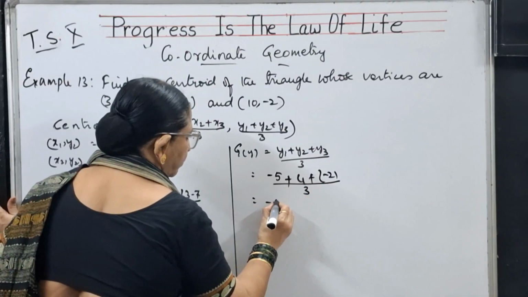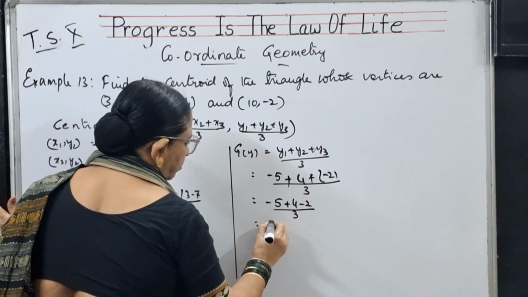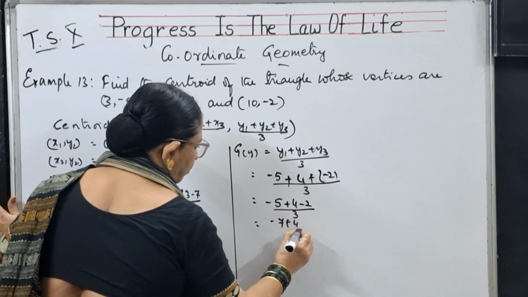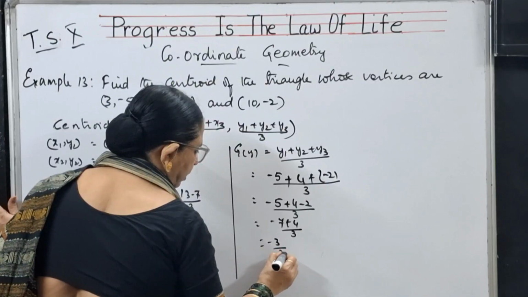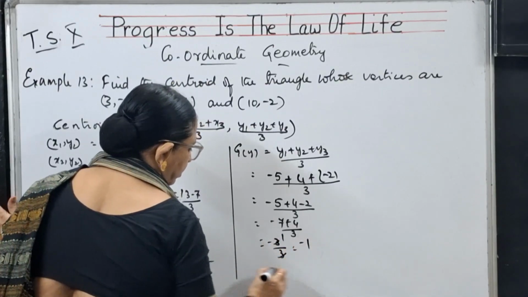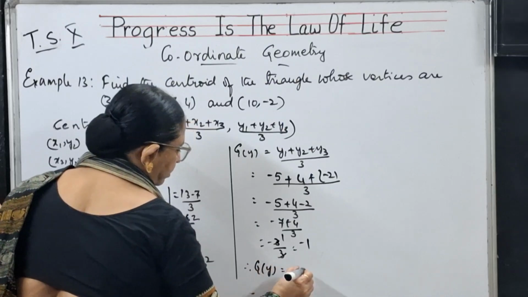That means (minus 5 plus 4 minus 2) by 3, minus 7 plus 4 by 3, minus 3 by 3. This is minus 1. Therefore, G of y is equal to minus 1.